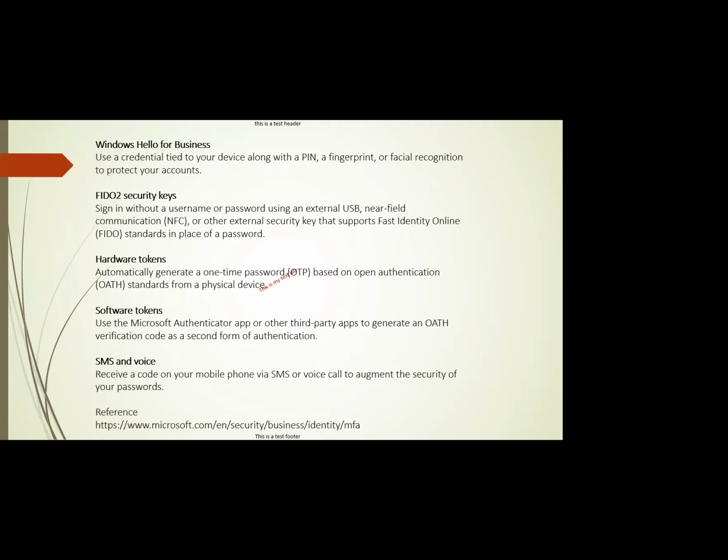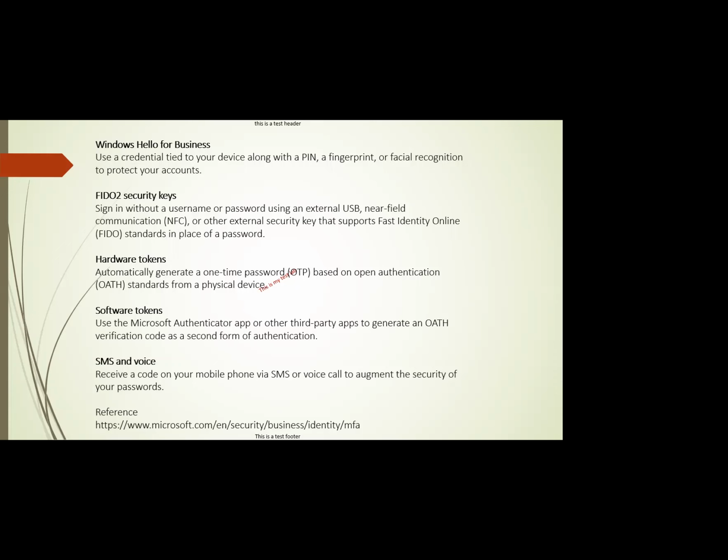You have FIDO2 security keys, hardware tokens, software tokens, and SMS and voice, which I think is more popular for everyone, because you either get a PIN code on your phone or a voice prompt on your phone for you to authenticate. So these days, when you enter your password, you get prompted as well. Even if the attacker has your password, he will require the second step to complete authenticating.